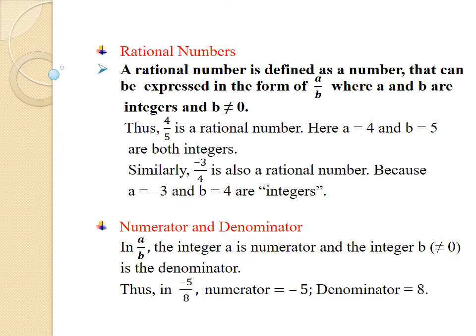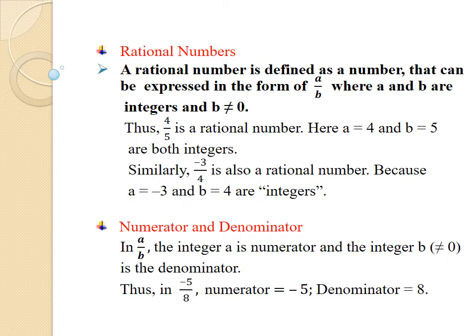Students, recall that a fraction is also defined as a number of the form a upon b. But in a fraction, a and b represent natural numbers, whereas in rational numbers, a and b represent integers.